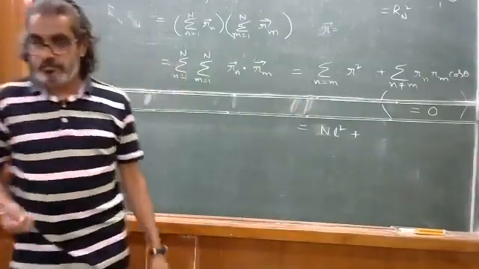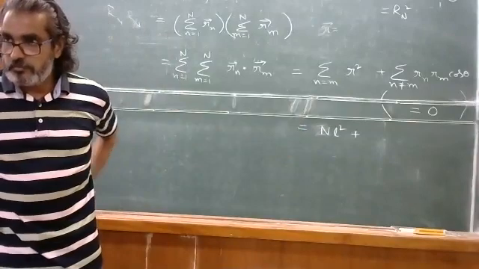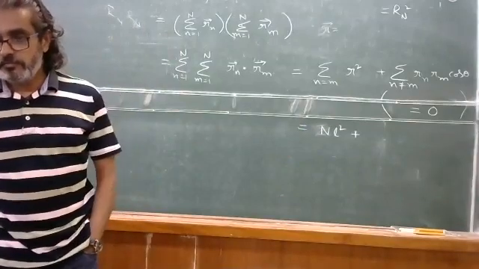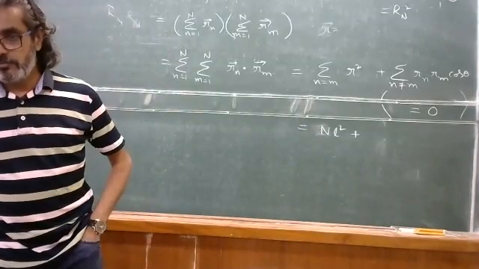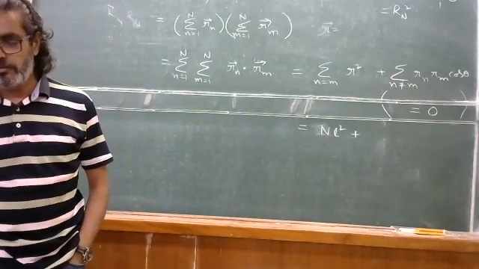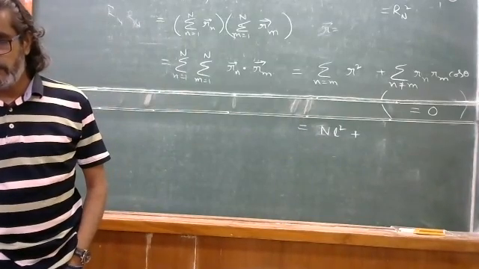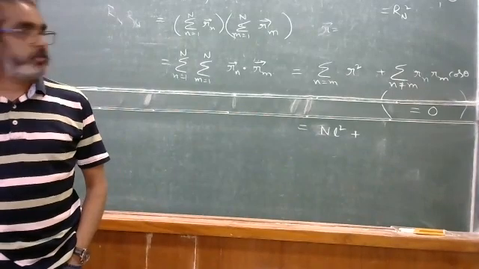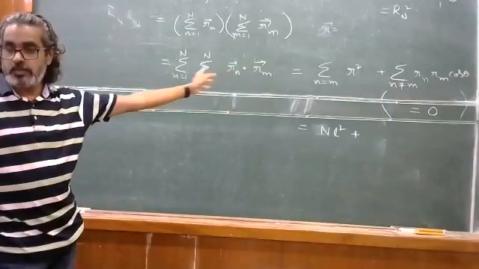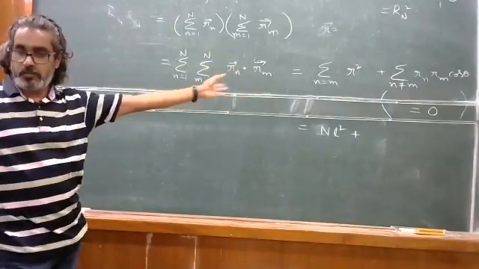Sir, since the angle is 0 to 180, if we take the average as 90, then cos 90 is 0. So can you say that this term also averages to 0 this way? Yeah, no. Theta will be important here.